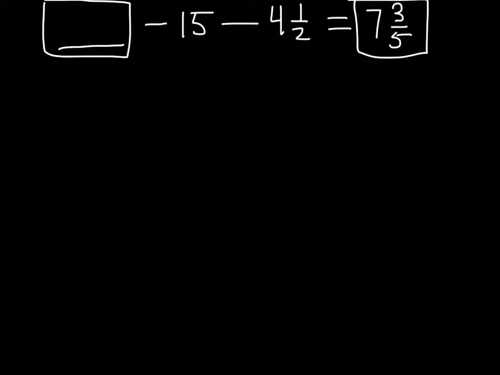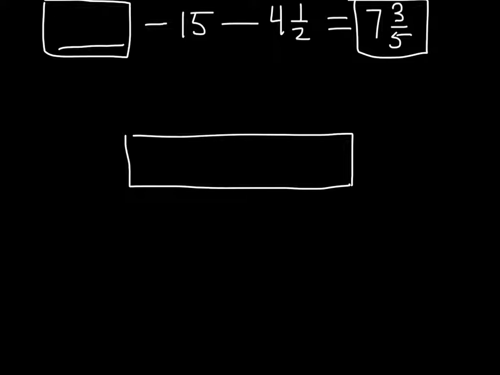And I'm going to show you a tape diagram to show you why. Here's my tape. And I know that I'm taking away 15. I know that's one of my parts. And I'm also taking away 4.5. That's one of my parts.